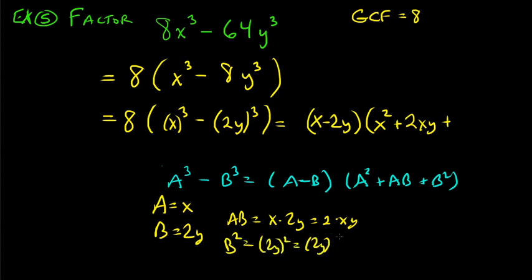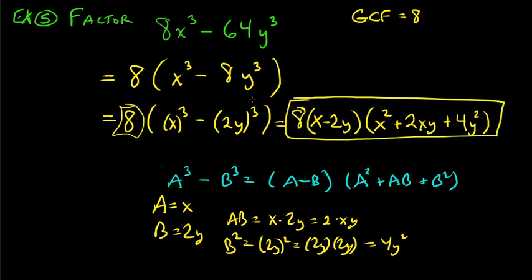So 2y times 2y, oops, so 4y squared. Okay. Oh, I forgot something. I forgot the GCF. Don't forget the 8 in front, because that is part of the answer. All right, that's how it goes.